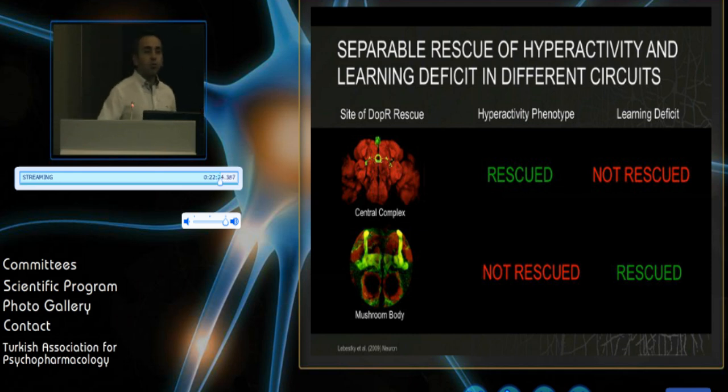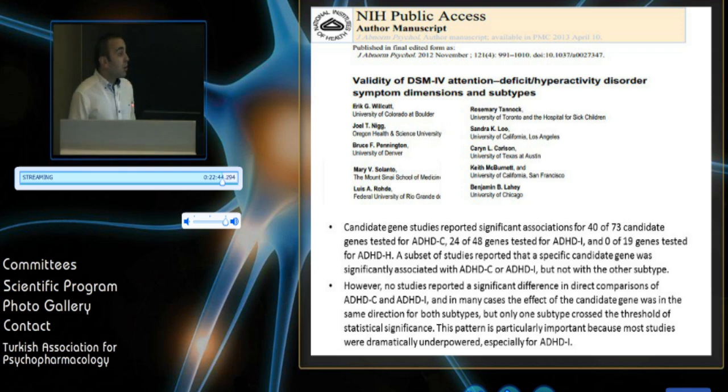If there is a dopamine receptor mutation in the central complex, then hyperactivity can be seen. If in the mushroom body we see the same mutation, we see learning deficits in those animal studies. So mutation exploration is not enough by itself. We have to look for the other mutations as well.